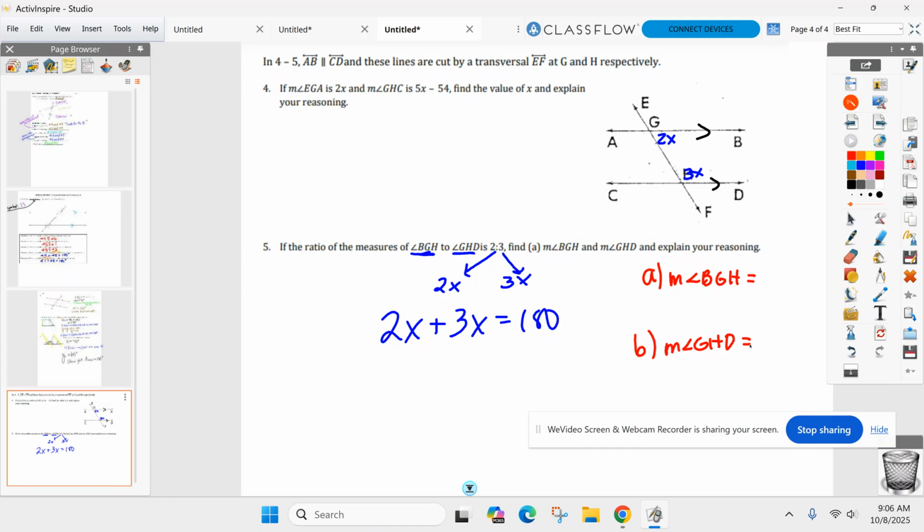Plug it back in, and your 2 final answers should be supplementary to each other.